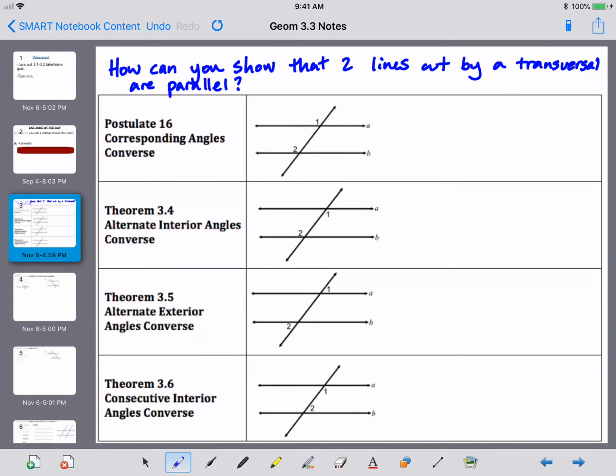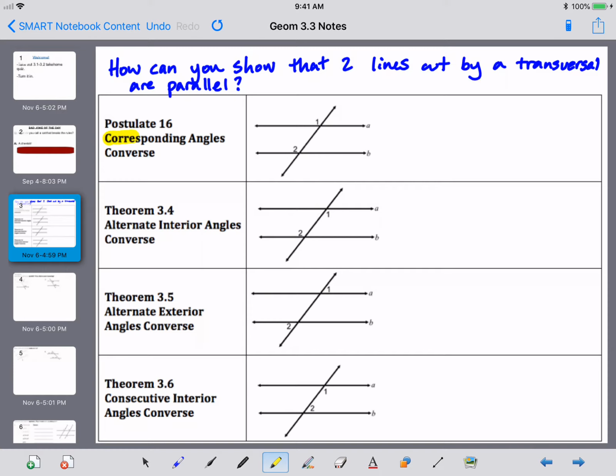So it's very similar to what we learned back in lesson 3.2, but now things are just going to be reversed. So if you notice here, we have postulate 16 is actually what we call the converse to postulate 15 in section 3.2.